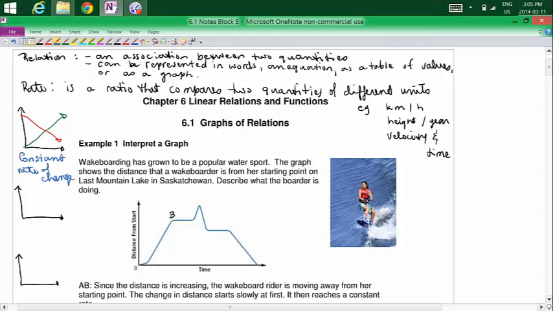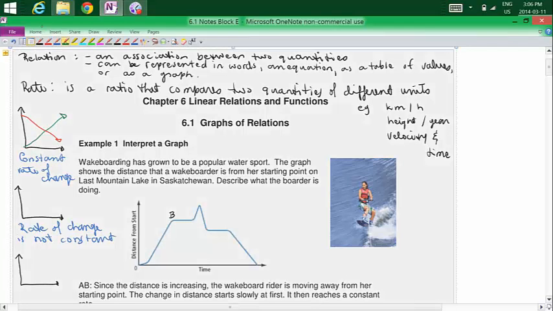If the rate of change is not constant, so we'll do that on the next graph, then the graph would look like a curved line. Okay, it would go up like this, where it starts out fairly slow and then it picks up speed, or it could look something like this.